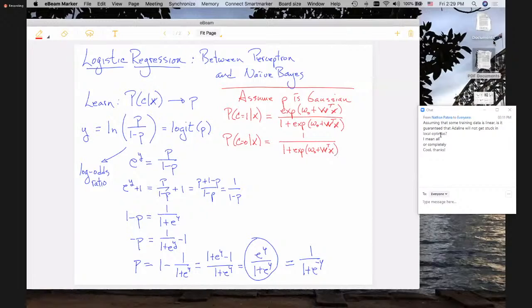Okay. And as we did with naive Bayes, we will choose the class equal to 1 if this inequality of the ratio holds.